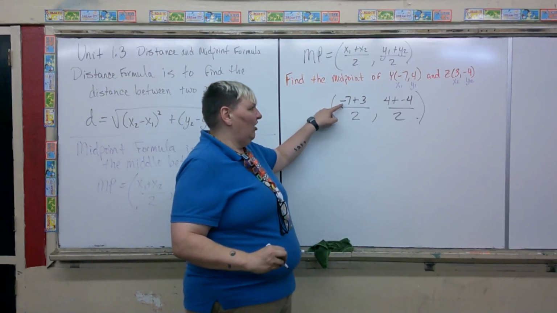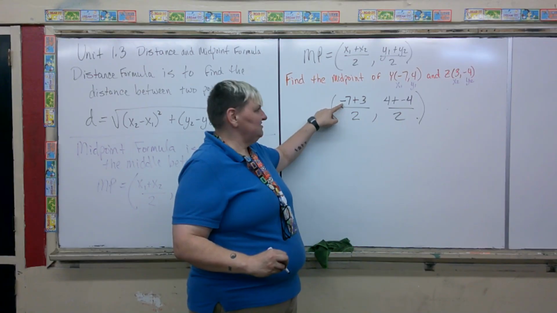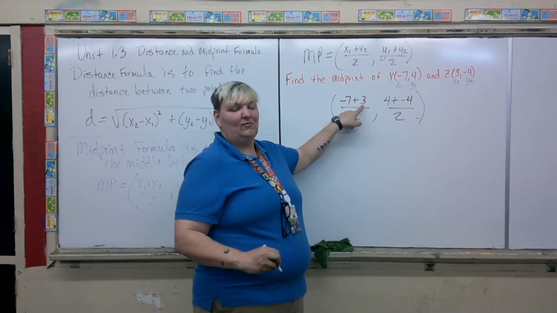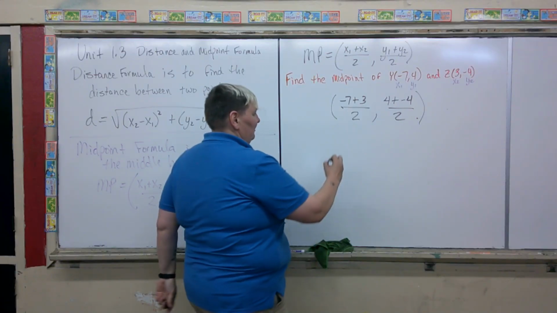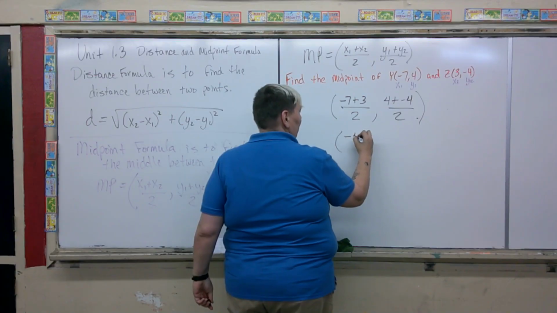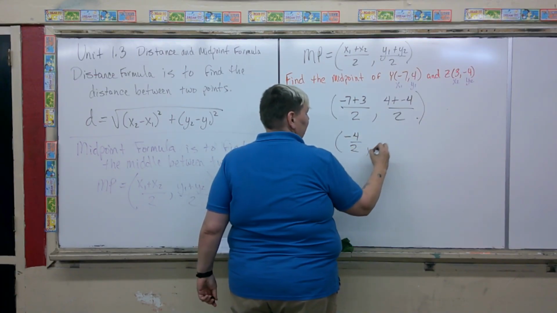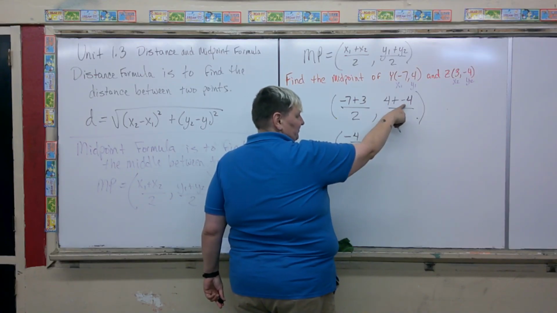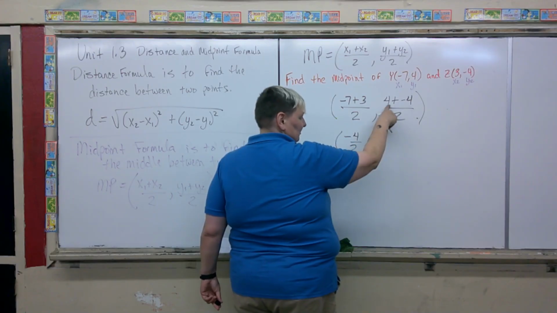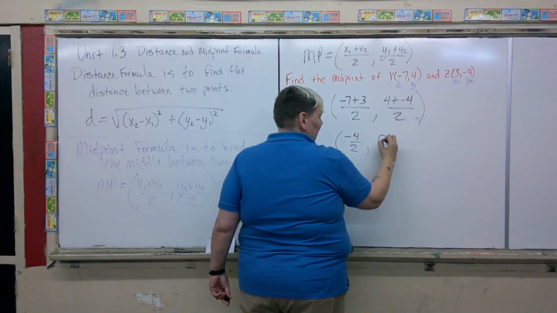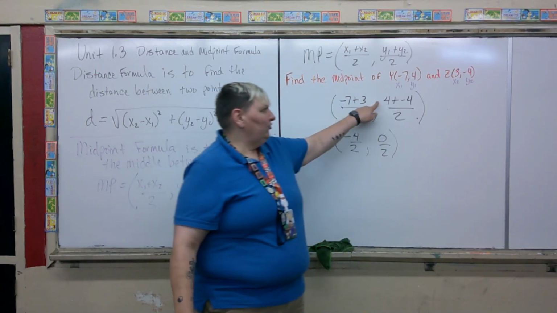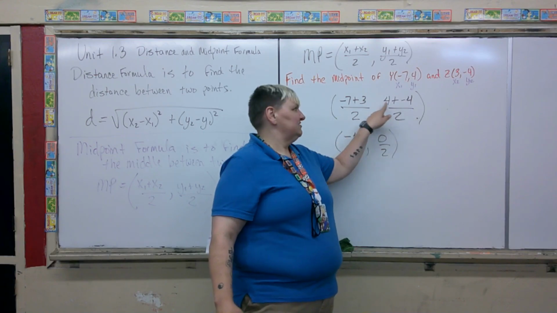If it costs $7 and you pay $3, how much are you short? I'm short $4. If it costs $4 and you pay $4, then you're even. There is no change and you owe no money. 4 plus a negative 4 is inverse.